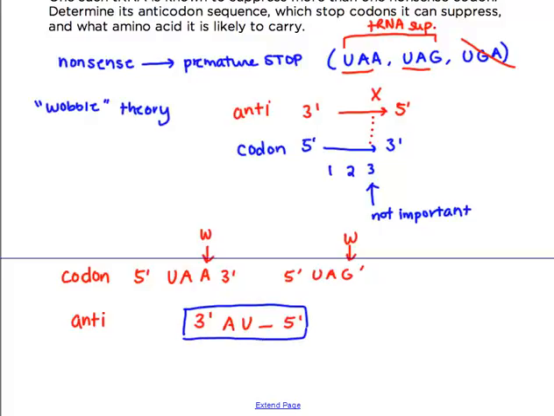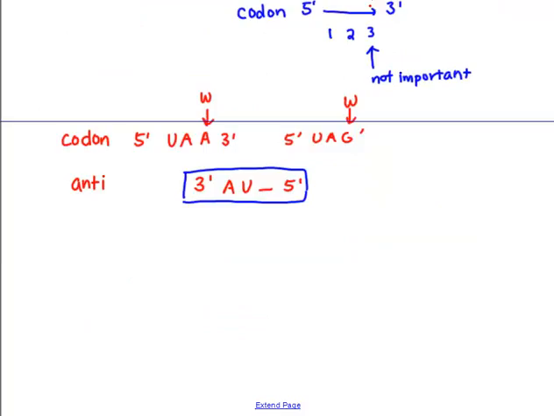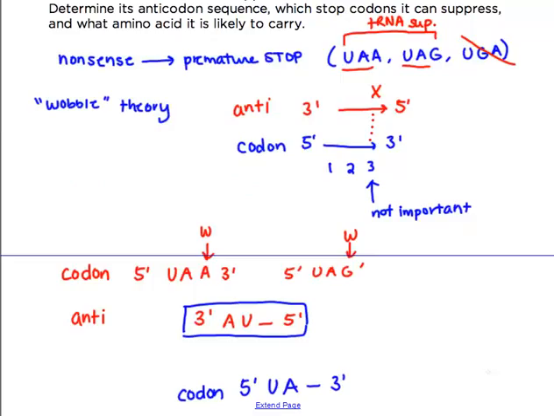Finally, the question is asking which amino acid it is likely to carry. The easiest way to look at this is from the codon point of view. If you switch around the anticodon and match it with a codon, you'll get 5' UA dash. This makes sense because the two stop codons fit into that category, UAA or UAG.